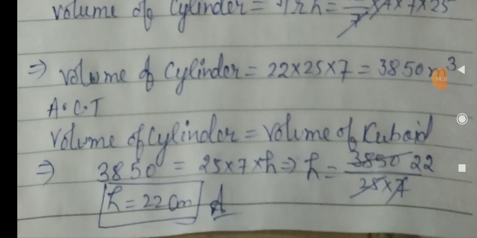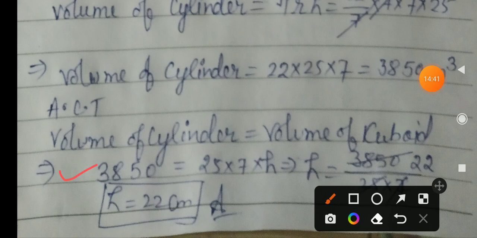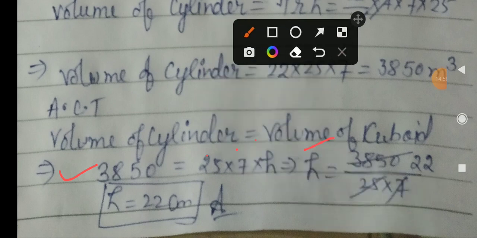So at that time you very well know that the volume of a cylinder is 3850, which is equal to the volume of the cuboid. You very well know length into breadth into height here. So length into breadth into height, that means 25 into 7 into h, and then you have to find the value of h. h is equal to 3850 upon this value, which is in the form of multiply going there and converted as a divide.